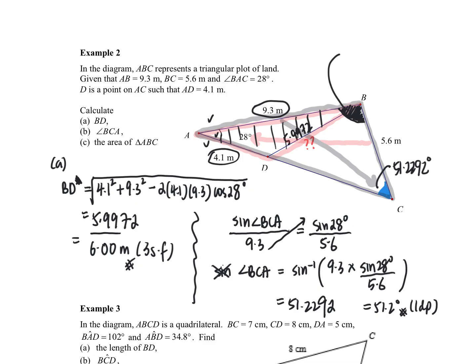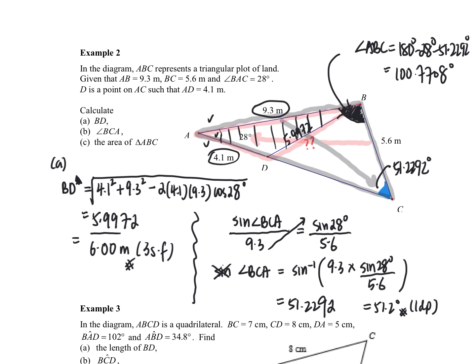So let's find angle ABC by using 180 minus the 28 minus the 51.2292. You get 100.7708 degrees. So this is the included angle.